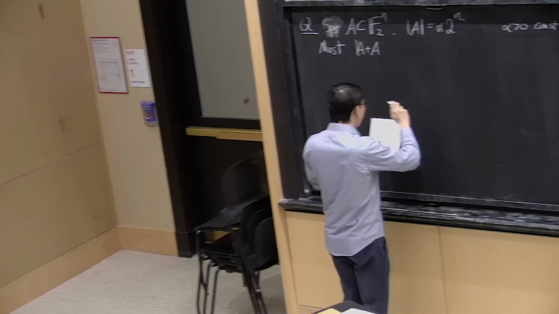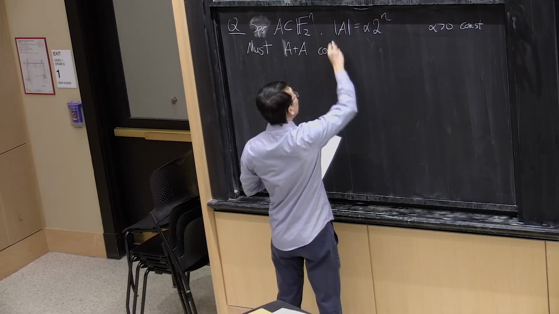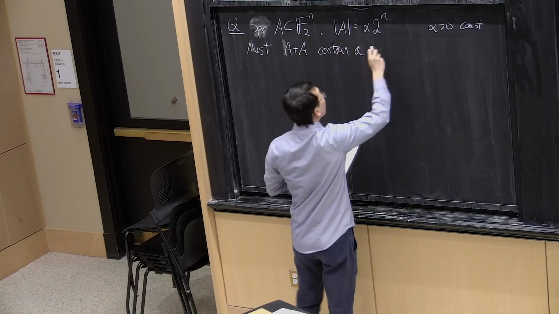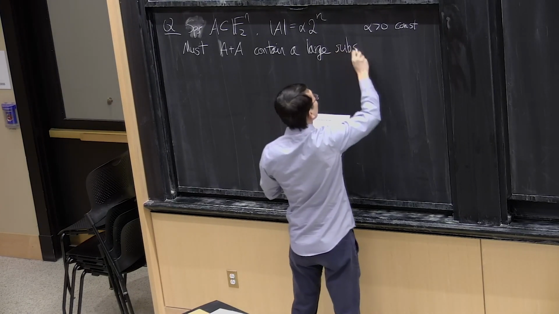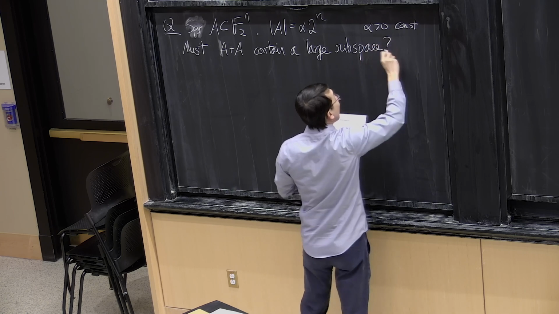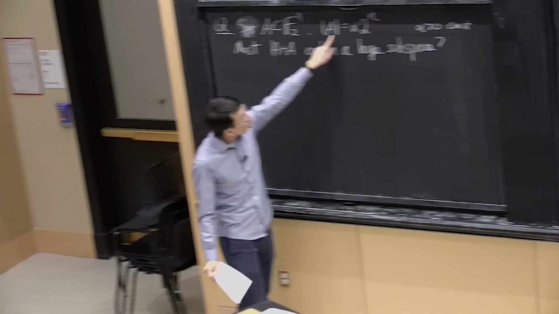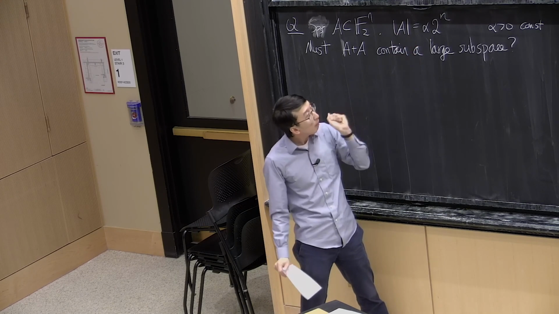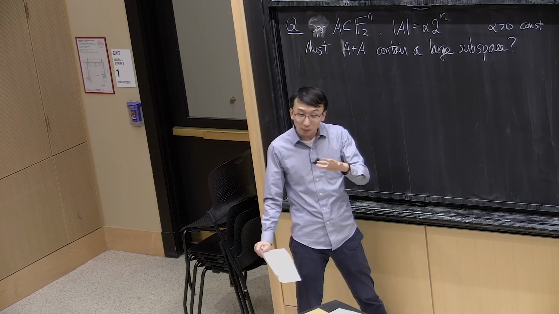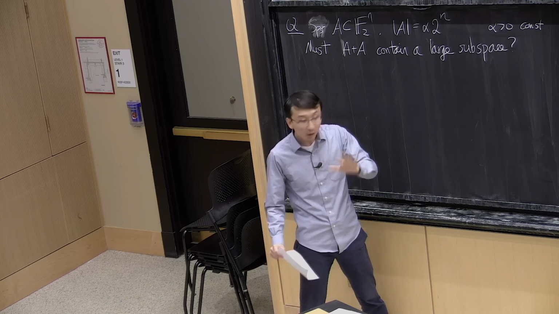And the question is, must A plus A contain a large subspace? Here, by large, I mean the following. Because we're looking at constant proportions of the entire space, by large I really also want a constant proportion of the entire space.